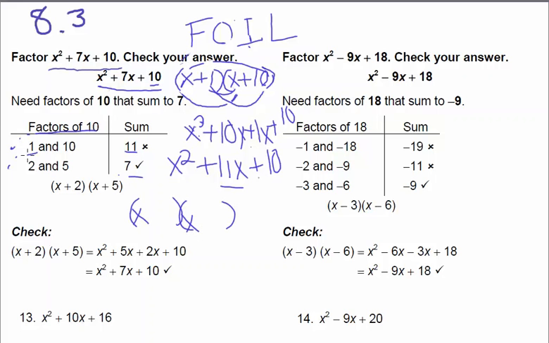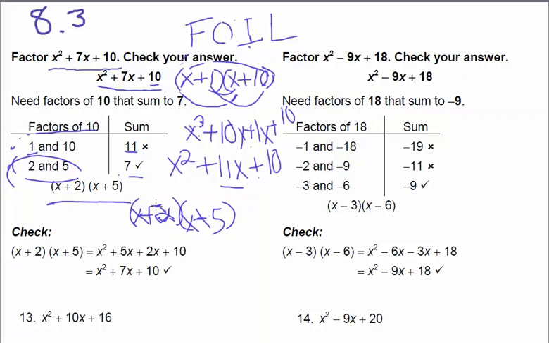Now I'll pick these factors, and they're both positive, so you write plus 2, and then you write plus 5 is my other one. So here it's written neater, x plus 2 times x plus 5. And you could also do x plus 5 times x plus 2. It works either way. Either one is correct.